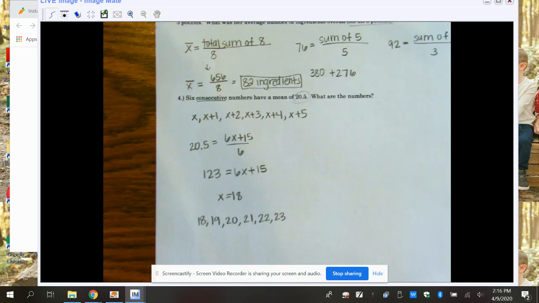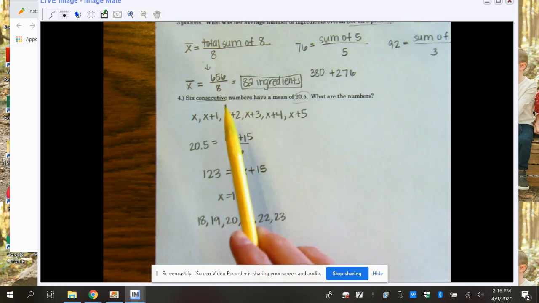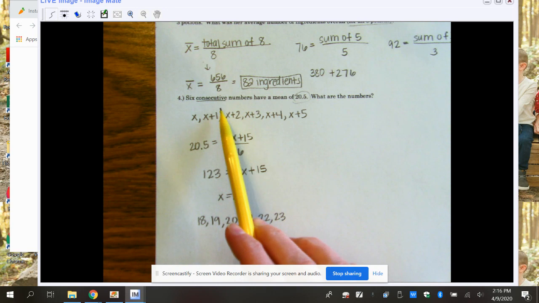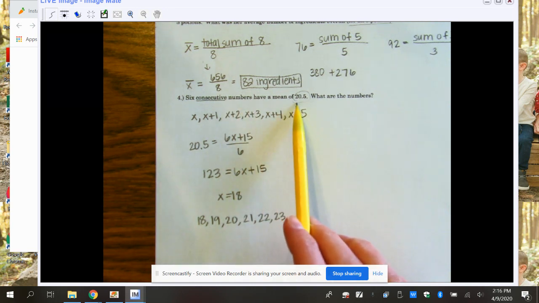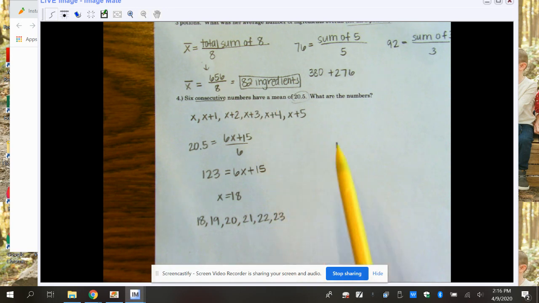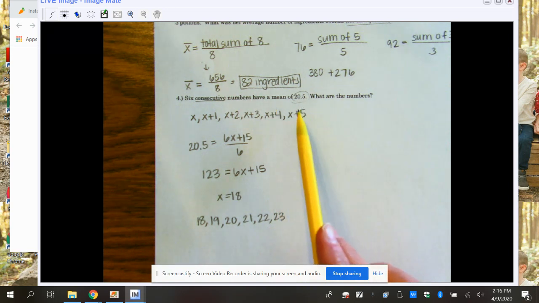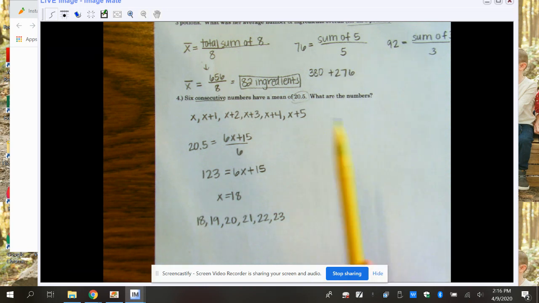All right, the other way is definitely more of a conceptual understanding of what we're looking at here. If we know that the numbers are consecutive, that's the important part of the statement. They're back to back to back. So if the mean is 20 and a half, that means the mean is going to be the same as the median because those numbers are consecutive.